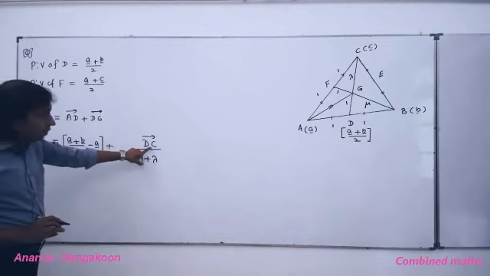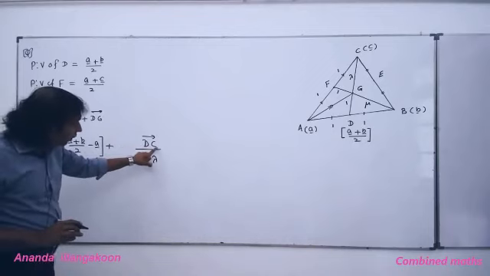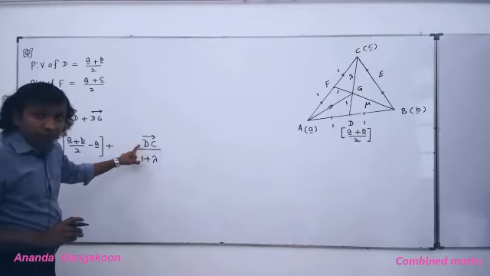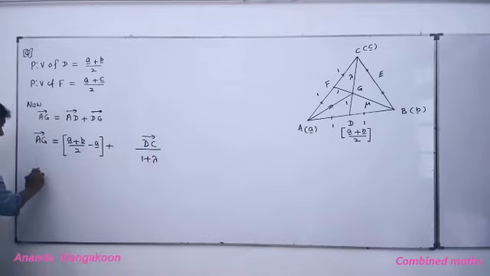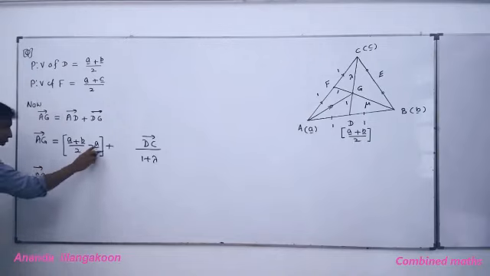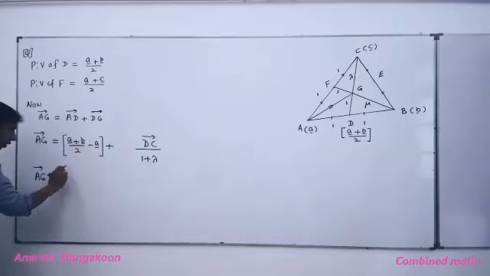But what is the DC vector? Position vector of C minus position vector of D. Understood? Okay. So then we'll simplify that also. AG vector. Now take the common denominator as 2. Then here we get 2A, no? Then what do we get? B, here A, here minus 2A, B minus C by 2.